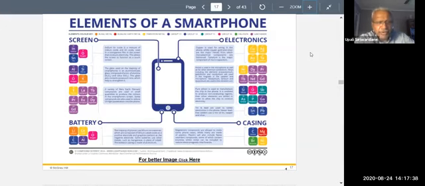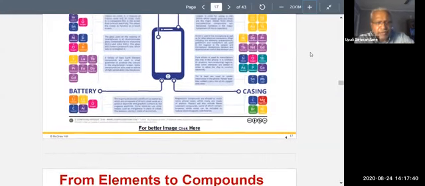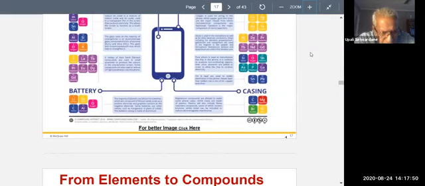The screen also has different rare elements like lanthanum, terbium, dysprosium, europium, promethium. A cell phone has different colors. When they light up, you can see different colors.